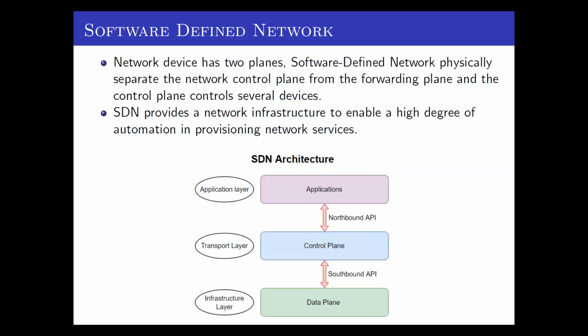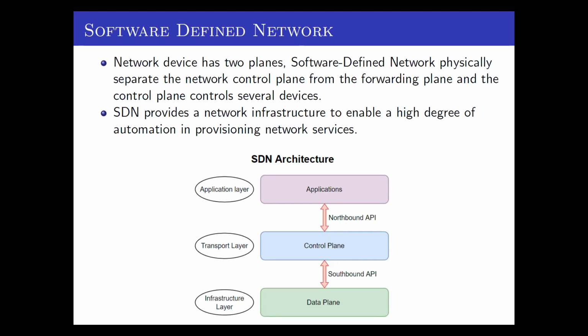So what is a software-defined network? A software-defined network physically separates the network control plane and the forwarding plane. This separation helps network traffic to be forwarded and controlled as defined through the software. Not only will IPs and MAC addresses be directed to the respective machines, they will also be monitored.